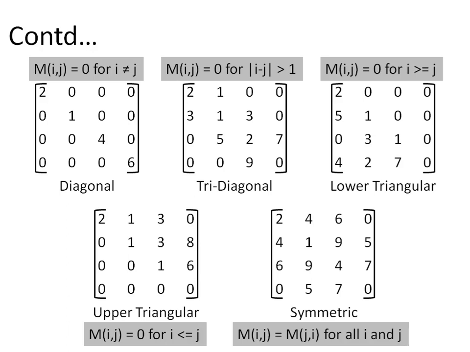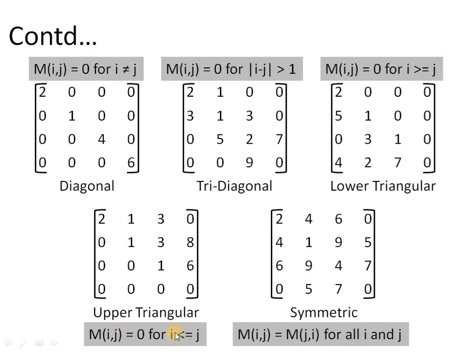If i is representing the row index and j is representing the column index, then for lower triangular matrix, if i is less than the column index j, then the entry is 0.